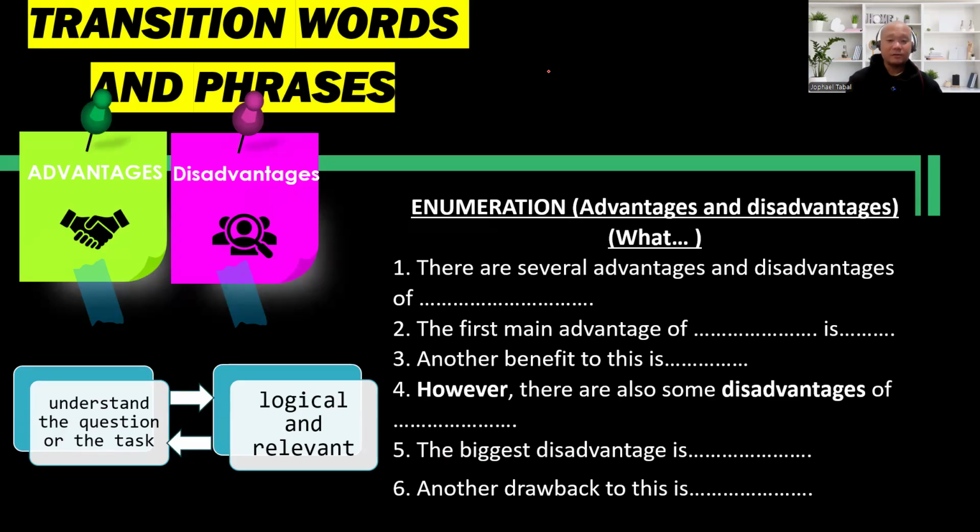So for example, we have here: there are several advantages and disadvantages of something. The first main advantage of this is that, another benefit, etc. However, there are also disadvantages of something. The biggest drawback is, and so on and so forth.